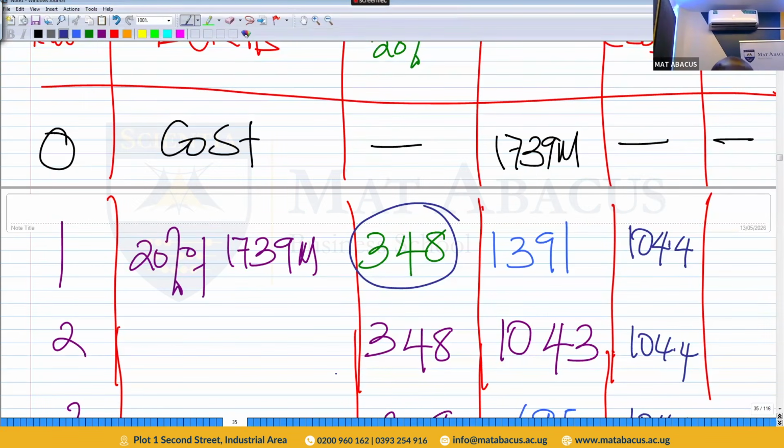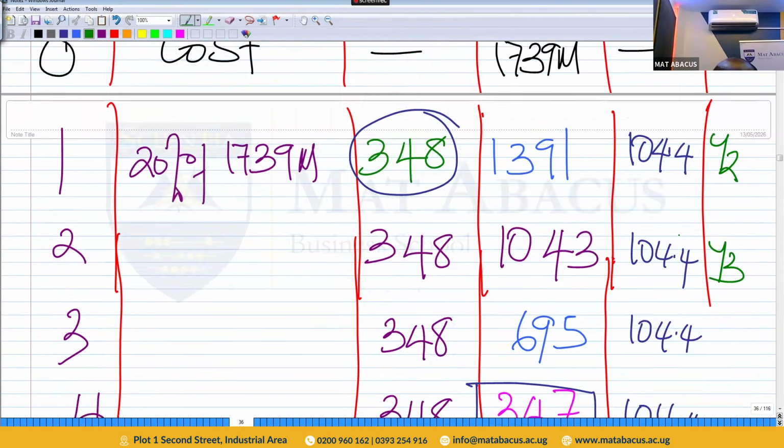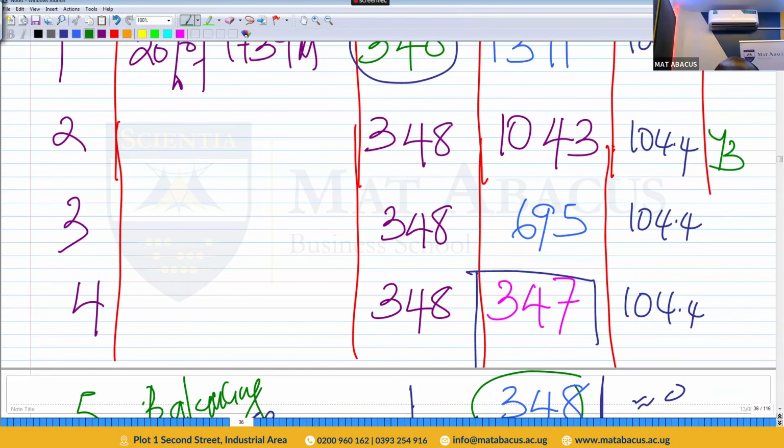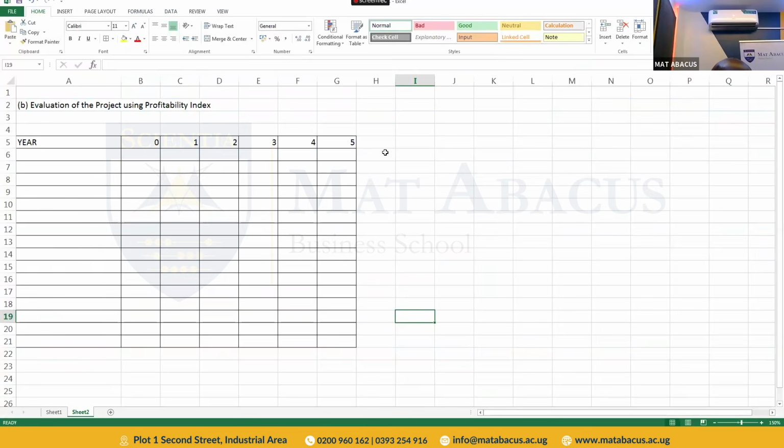It would mean the first cash flow, you will claim it in year 2. This will be claimed in year 3, this in year 4, year 5, year 6. It means, therefore, when you're populating your table, you will include year 6. So I will add here year 6. And now we start populating our table.